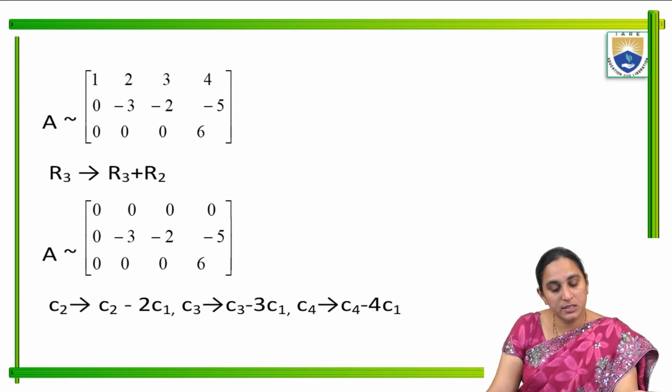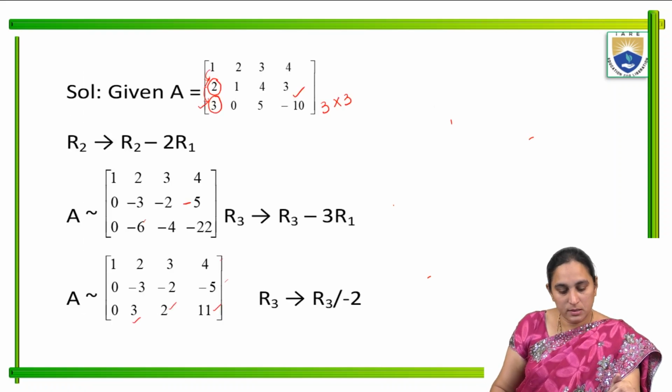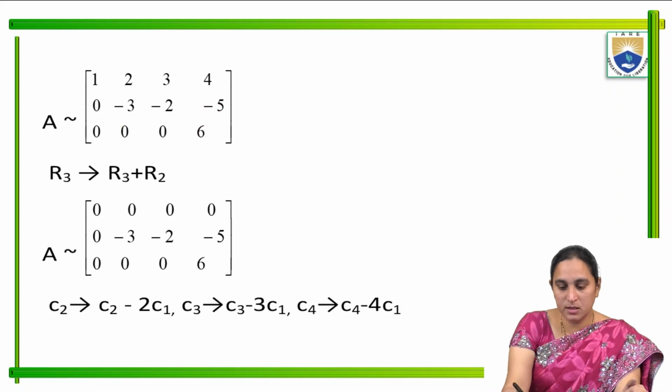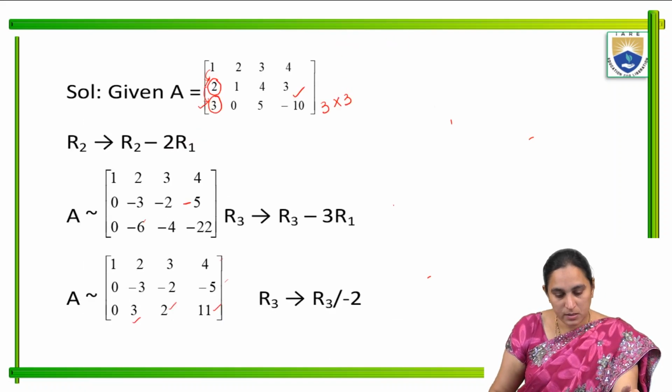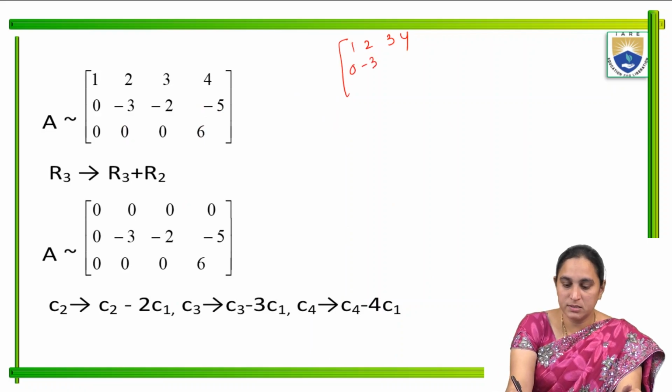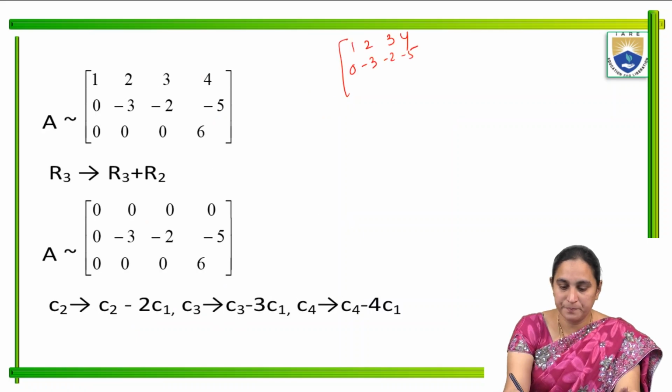And next, with respect to again row operations, I'll make R3 second element as 0 with respect to R2. That is, what about the matrix there? 1, 2, 3, 4. Next 0, minus 3, minus 2, minus 5. And next 0, 3, 2, 11.